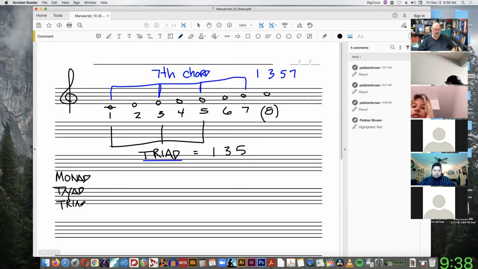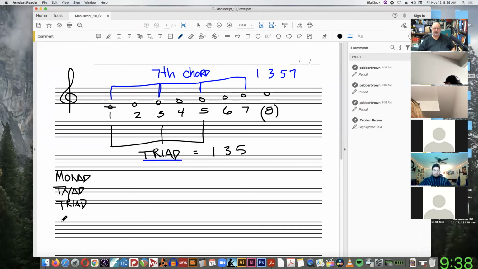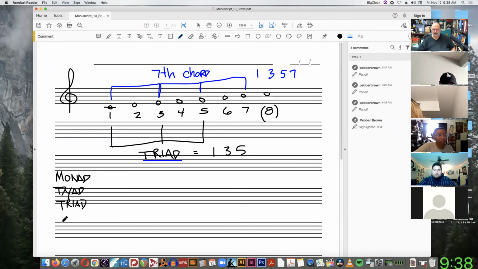What's the fourth one going to be? If we're thinking about these old Greek terms, can you guess what the fourth one's going to be? Yeah. It's called a tetrad.